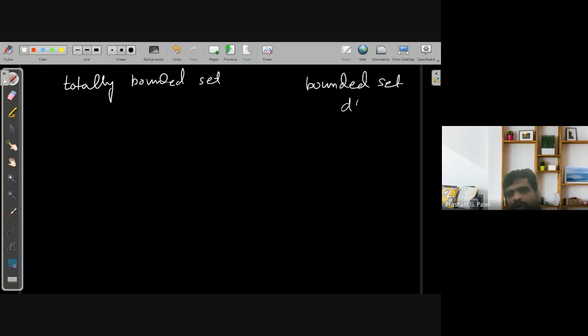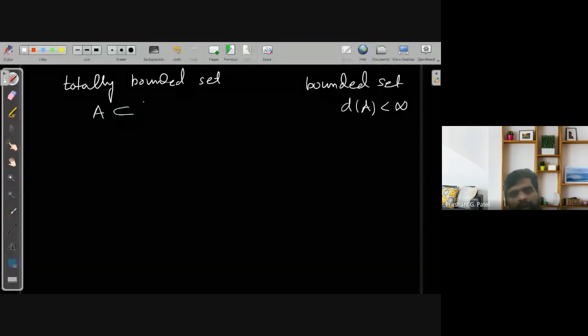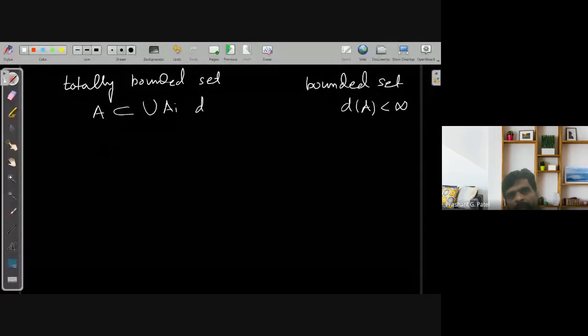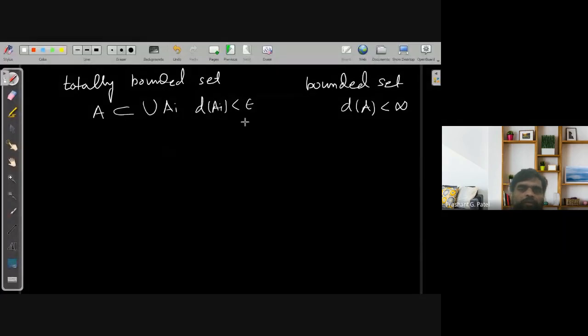For a bounded set, we have seen that the diameter is finite. Here it says that your A should be covered by some Ai, where each Ai has a diameter less than epsilon for given epsilon.